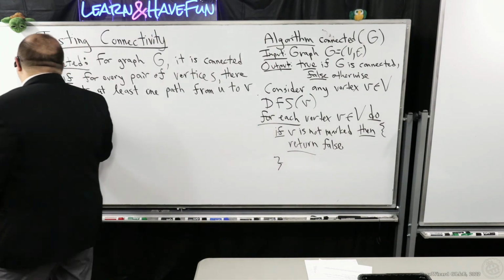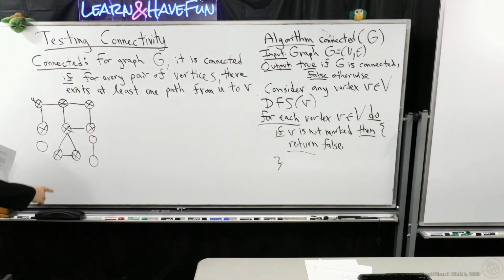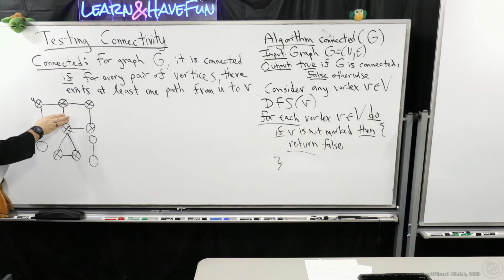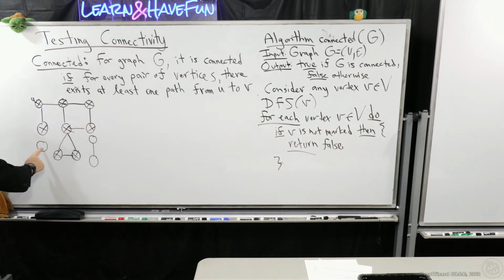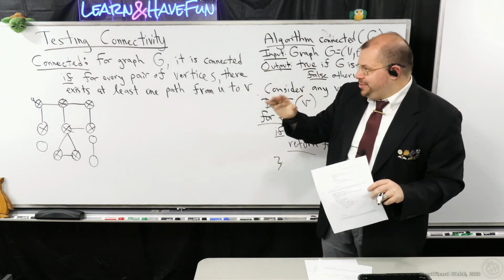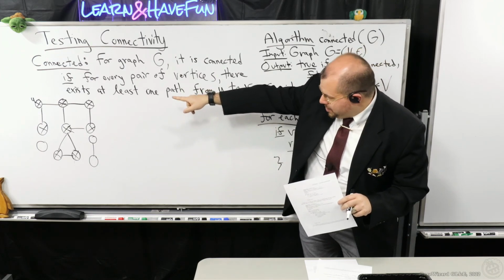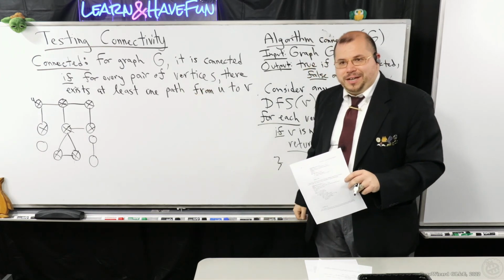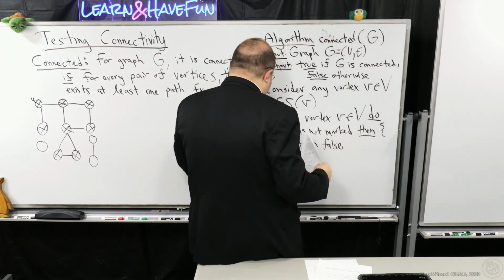Suppose that I gave you this graph, for example. If I did DFS on, say, this vertex, say U is V, it will mark all of these. Then I scan through each one of them and check, is this one marked? Is this one marked? Oh, that one isn't marked. It means it wasn't reachable, meaning that there does not exist a pathway from V, or U in that picture, to that vertex. So that means it's disconnected.